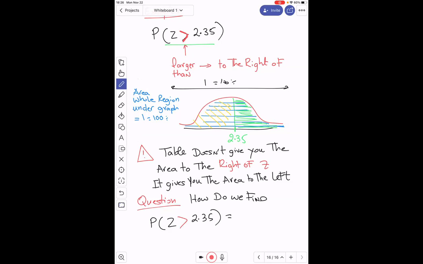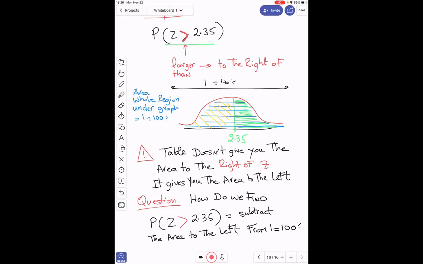So to get the area to the right, we need to subtract the area to the left from 1, which is 100%. All right. So far, so good, guys. Any question, please? Feel free to interrupt me if you have any question.